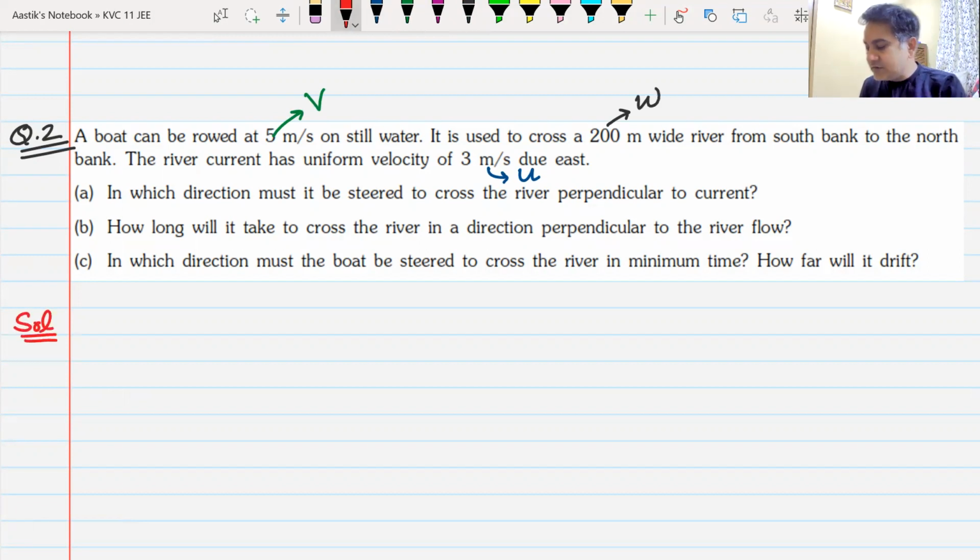In which direction must it be steered to cross the river perpendicular? So we remember he must go like this with a velocity V. Then the velocity of the river gets added up like this. And then he ends up directly on the other end. Do we remember this, yes or no?